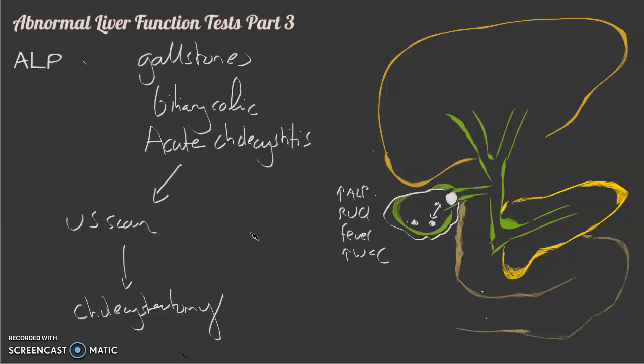One thing to watch out for in managing gallstones and cholecystitis is whether there's anything else going on. You don't want to take out the gallbladder when they also have some other issue elsewhere in the biliary tree.